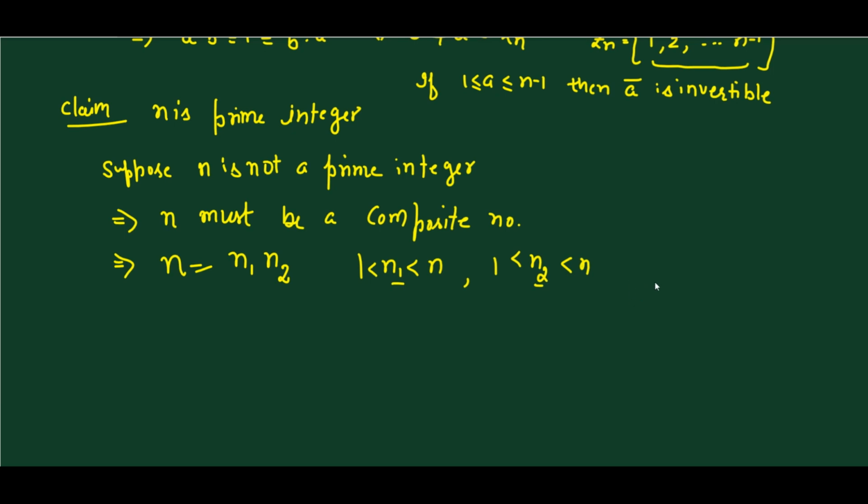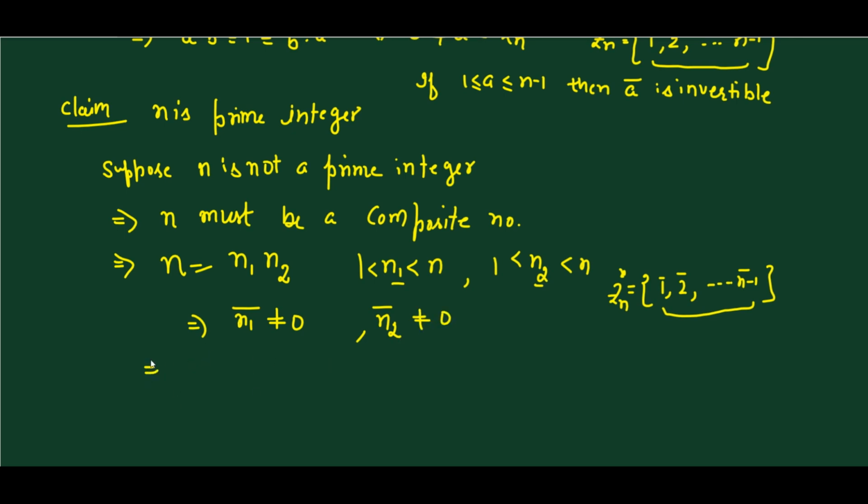And we know that if any element is less than n, then the class of that element is a non-zero element of Zn. So the class of n1 is not 0 because n1 is less than n. Similarly, n2 is less than n, therefore the class of n2 is from the set Zn star. So the class of n2 is also non-zero.